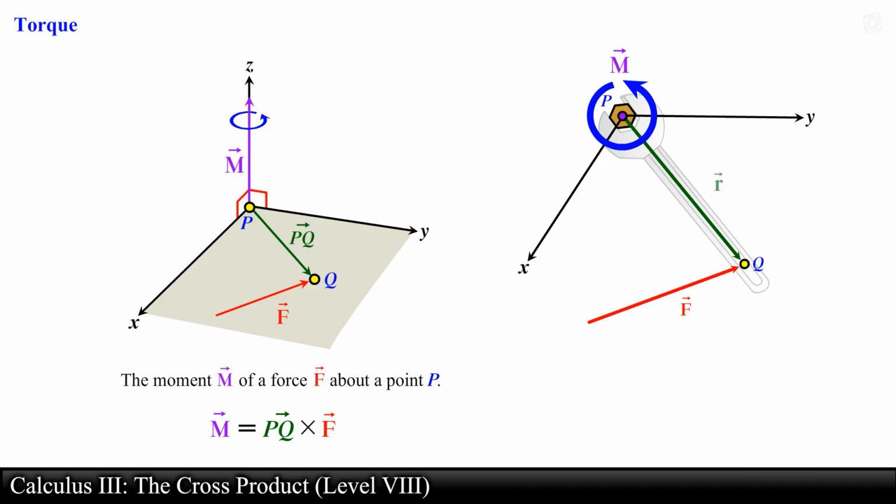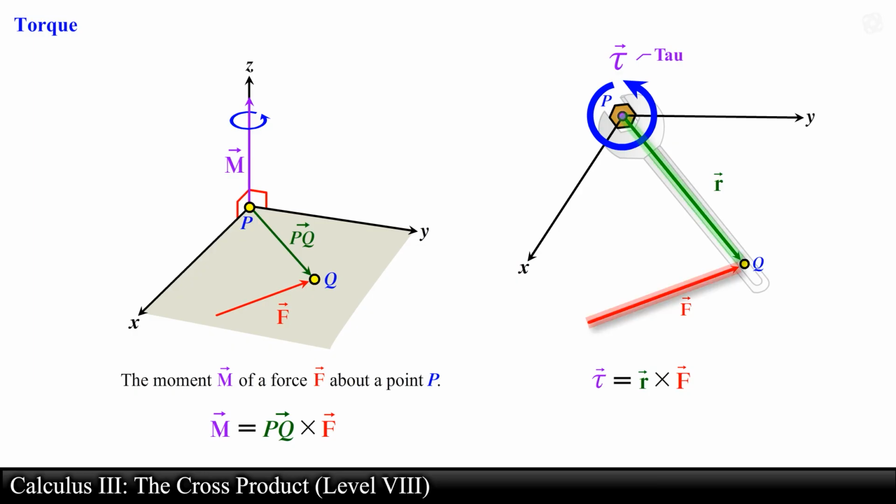If we use vector r to denote the position vector from point P to the point where the force F is being applied, in this case, point Q, then the torque about the origin, or point P, is represented by the Greek letter tau, and can be written alternatively as follows, vector r crossed with vector F.